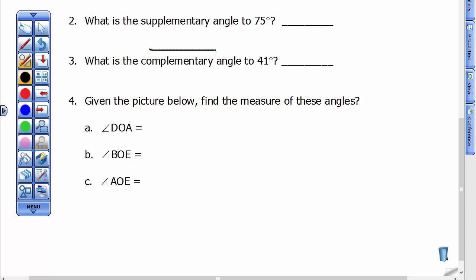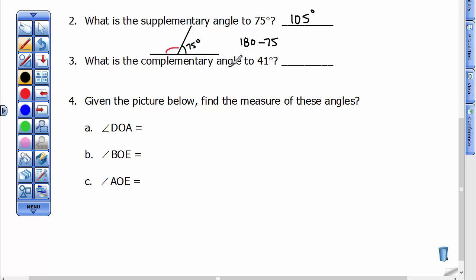Supplementary angles are 180 degrees in total, so this might look like the 75-degree angle. I'm asking you to tell me the size of this angle right here, and these two have to add to be 180. So I'm hoping you are thinking 180 minus 75 would give you 105 degrees.